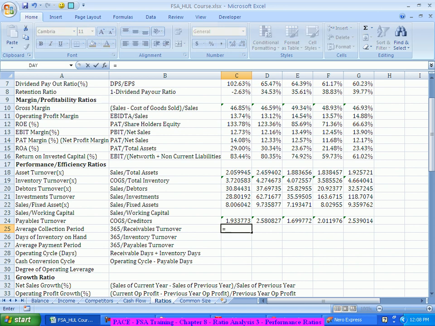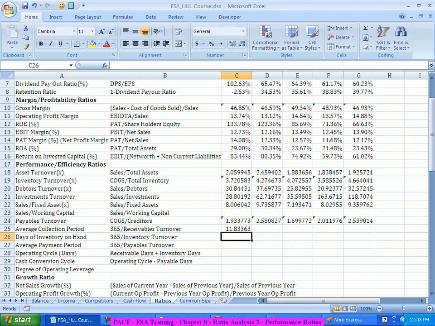So I am simply looking at it as 365 divided by this debtors turnover, which is coming out as 11.83, which means on an average it is taking 11.83 days to collect cash from my customers. See, this is average, because some customers where I have done a cash sale, it is immediate, 0 days.